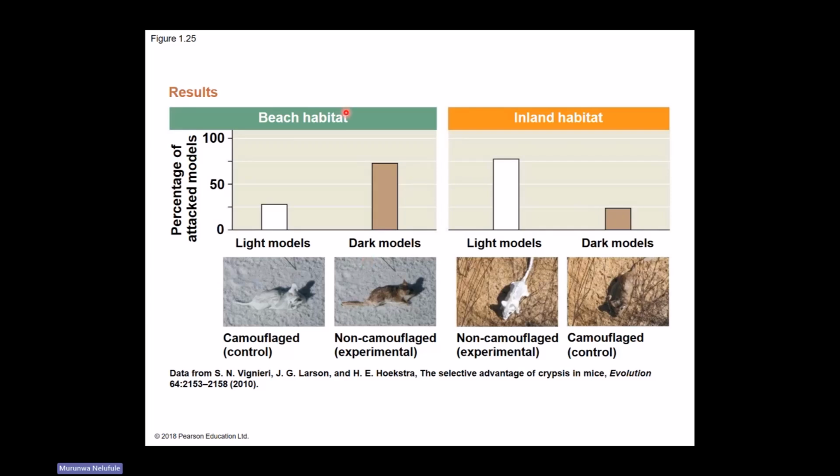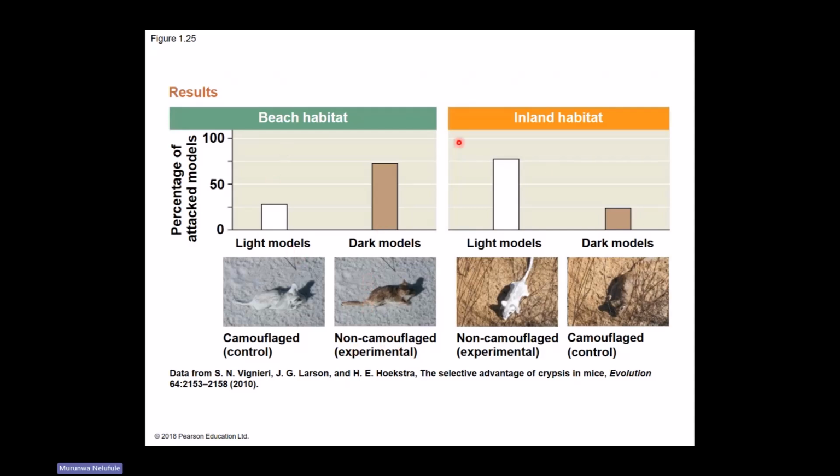You can see here that this is the percentage of attacked models, from 0 to 100, and on your x-axis are the parameters of the light models. Here you can see the graphic representation. This one is the conflict, the control, the light model, and this one is the non-conflict, the experimental.